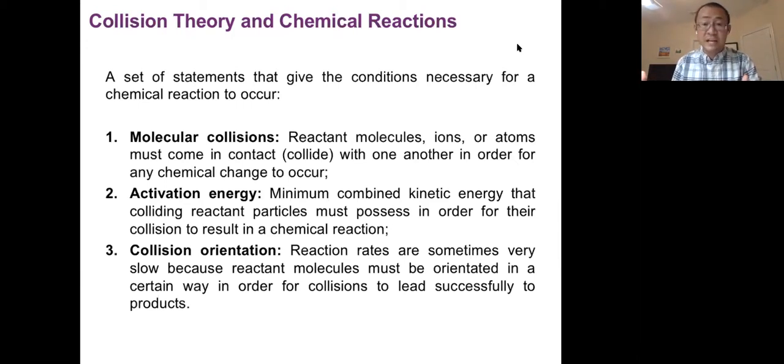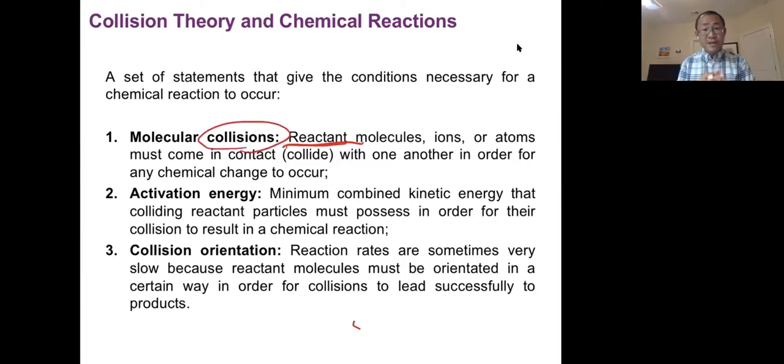We know they possess kinetic energy. Because they're moving, they will bump into each other. We call that collision. So no matter whether there's a reaction or not, the reactants are colliding with each other all the time. So the first fact about reaction is that particles collide with each other, reactant collisions.